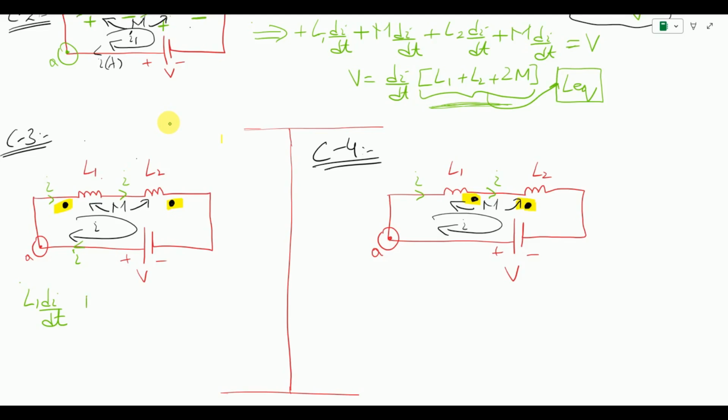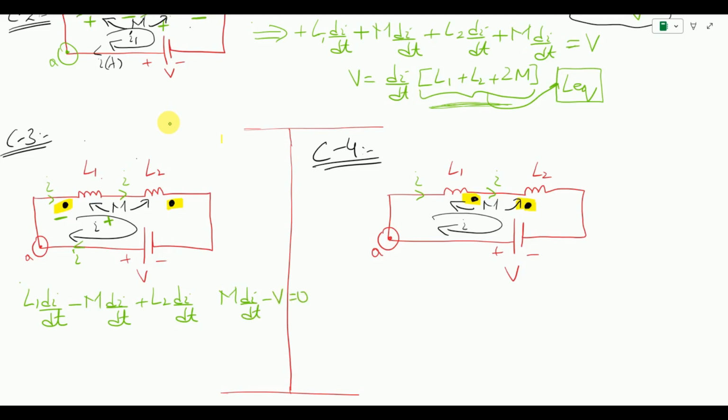Now the effect of mutual inductance coming from L2 into L1. So we need to know what is the current moving in L2. So we know that current is leaving, so this becomes negative and this side becomes positive. So it is going to be negative M di by dt plus L2 di by dt. Again we need to write for inductance minus V equals to 0.